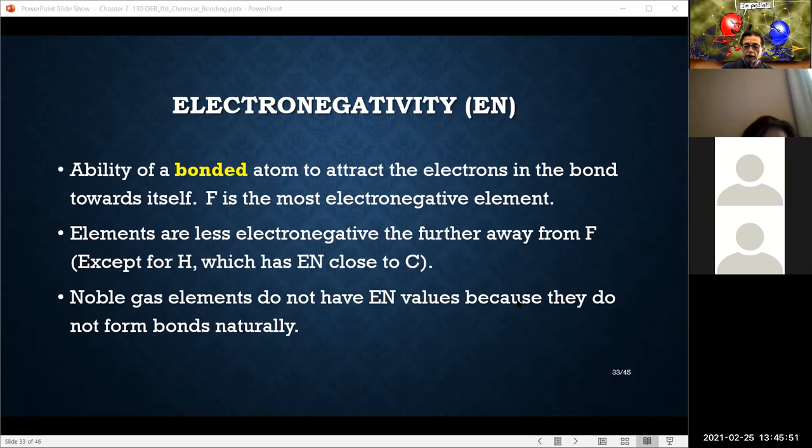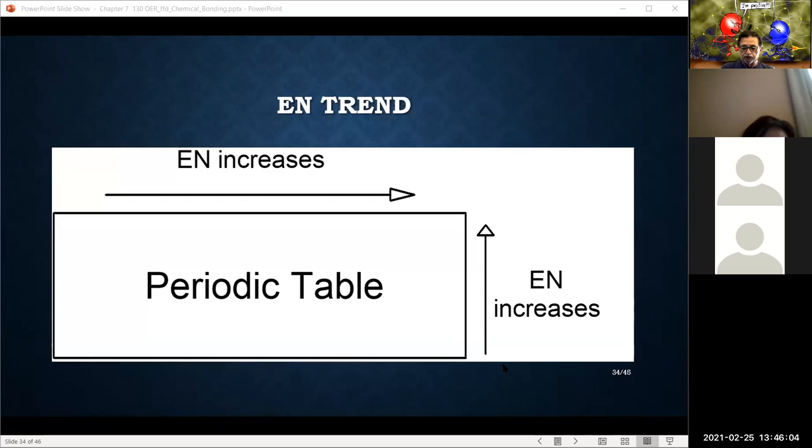We know that noble gases in our Chem 130 are not going to react, since they have zero electronegativity. And there's a general trend that we talked about before. In the top right corner would be fluorine.